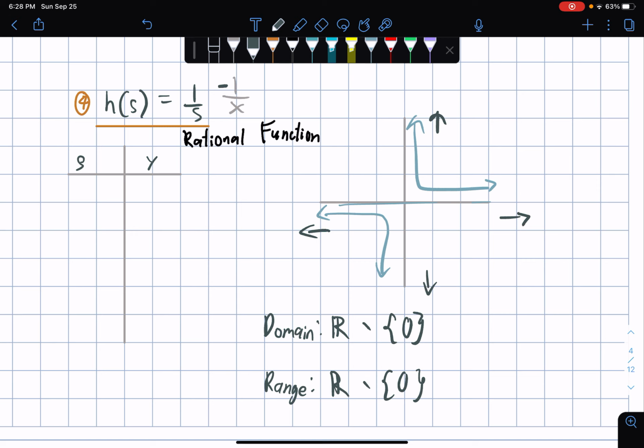Since this is basically saying that for both the domain and range, these lines will touch all possible real numbers in the Cartesian plane except 0, which lies on the y-axis.